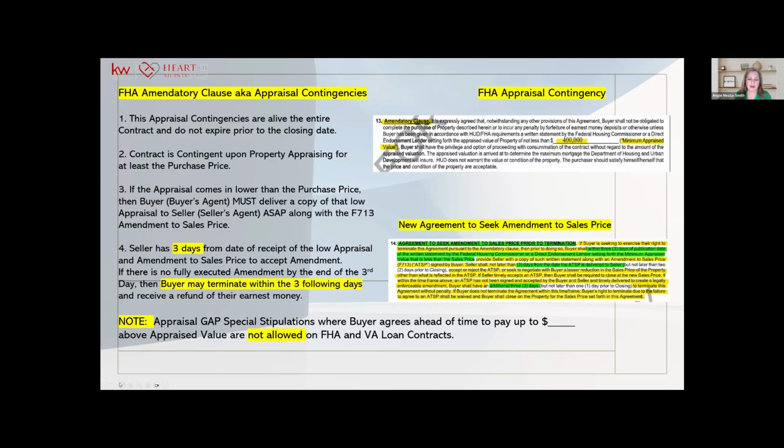If the seller does not agree, if at the end of the 3 days you do not have a fully executed amendment to the sales price, then the buyer has a 3-day window to terminate.